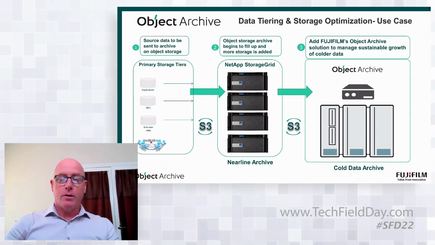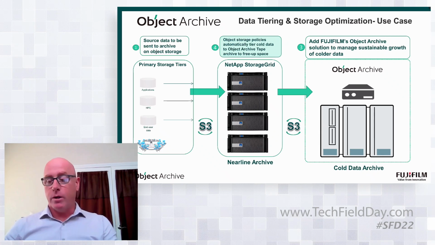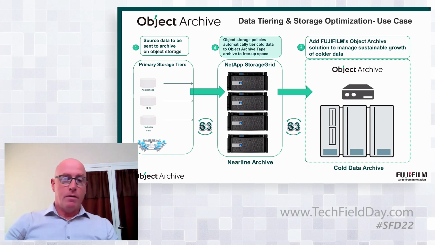So when we add an object archive into this kind of environment and it's communicating S3, the users basically just apply a data management policy to their buckets in their object storage. In this case, it would be the StorageGRID, and they do lifecycle management policies. And that drives data directly into the object archive. The front end applications or end users will see nothing different happening on their system. They'll just get a little bit different response when they try to recover data that's been moved into the object archive.